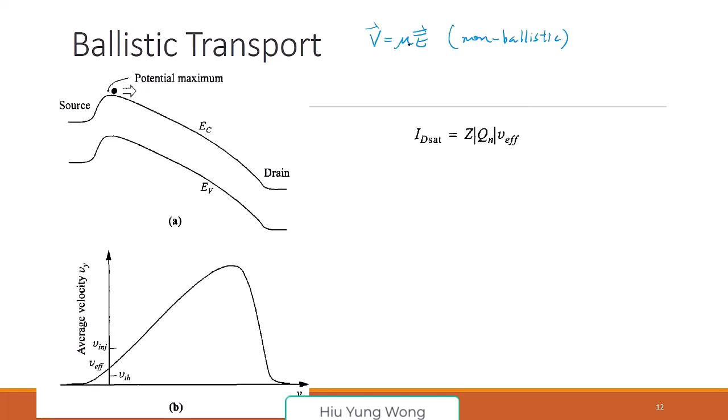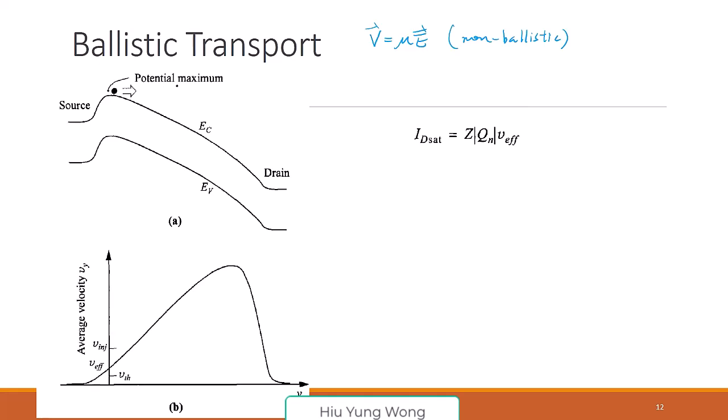Well, what if my transistor is so short, I don't hit into anything before I emit from the channel to the drain? It's just like you go into a hall, only 1 or 2 persons there in the room. You have no chance to hit anyone. Then I cannot use mobility because I keep accelerating.